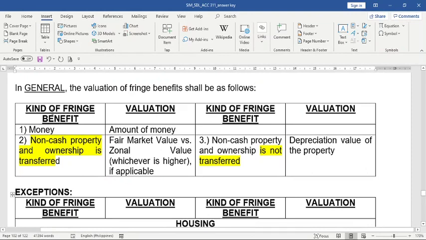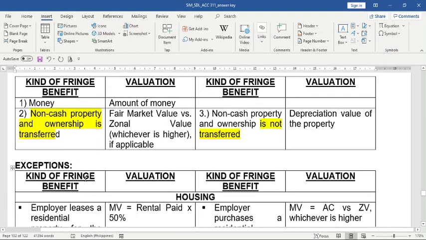Kasi, in general, kung money, ang valuation is the amount of the money. Muna ang general rule. If non-cash property and ownership is transferred, fair market value, zonal value, whichever is higher. Non-cash property and ownership is not transferred, depreciation value. But there are exceptions.